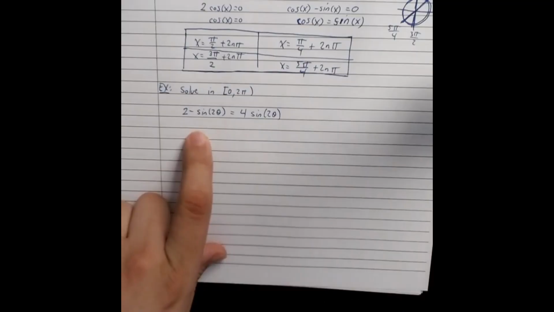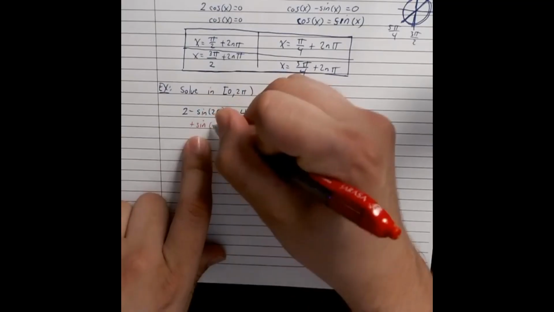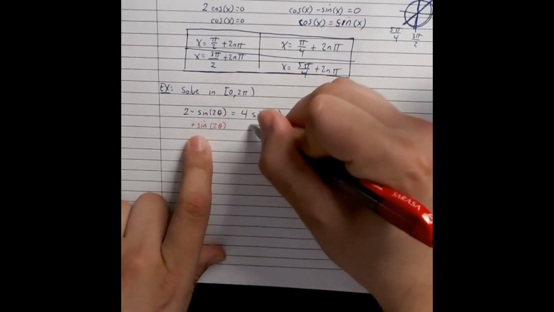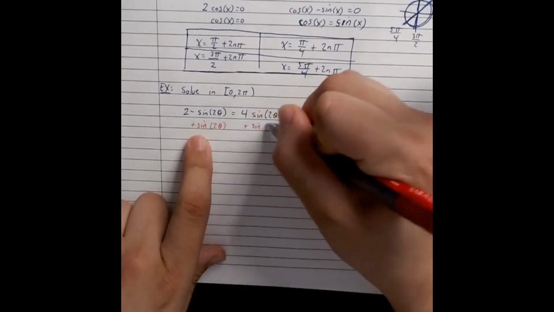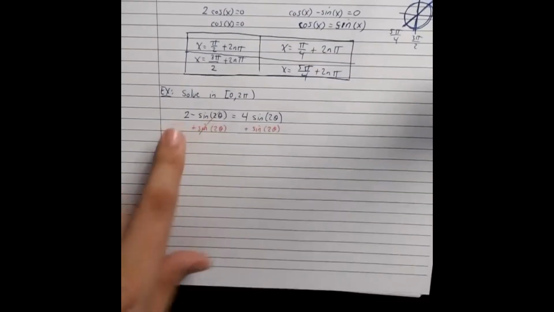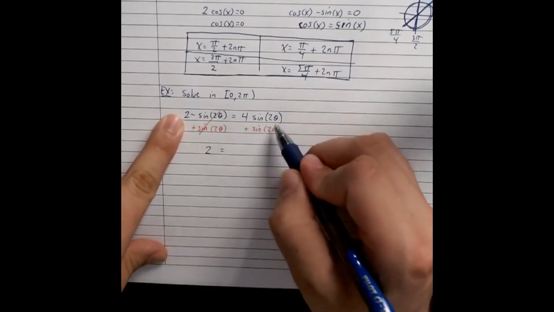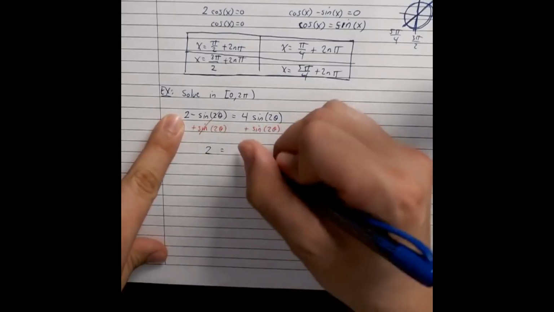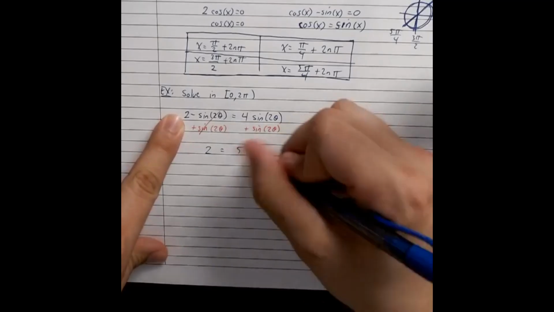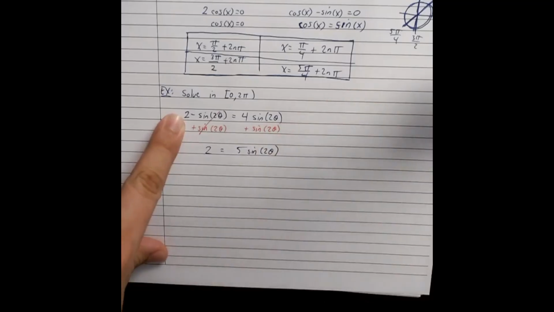So I'm going to go ahead and add the sine of 2 theta to both sides. Whatever I do to one side, I can do to the other. This is now 0, and I'm left with just that number 2, equals 4 sine of 2 theta plus another sine of 2 theta would give me 5 sine of 2 theta. Just like that.